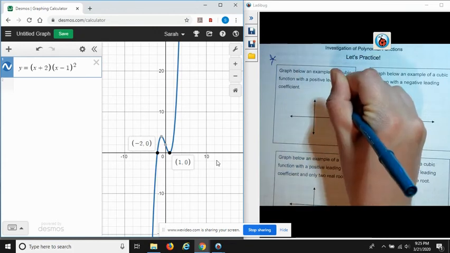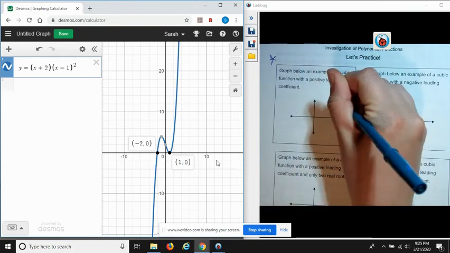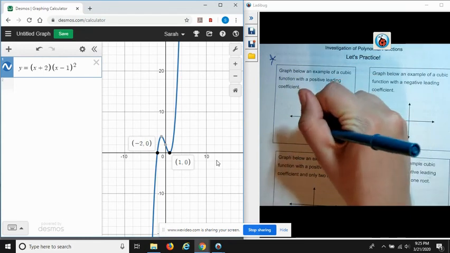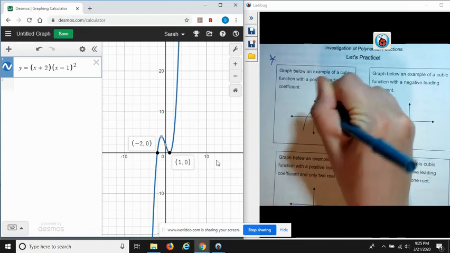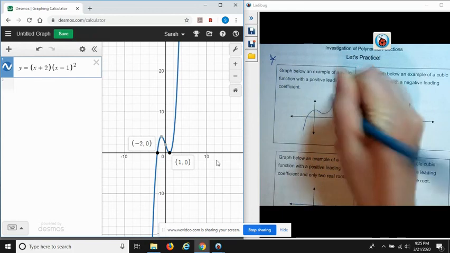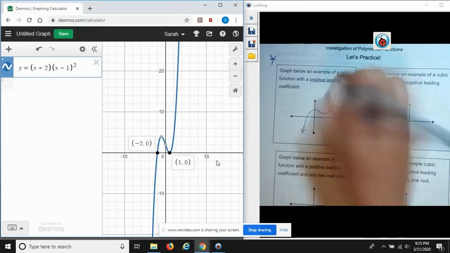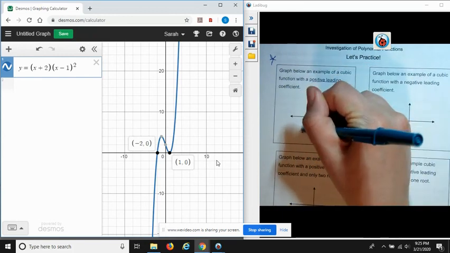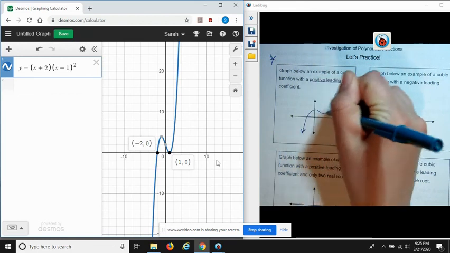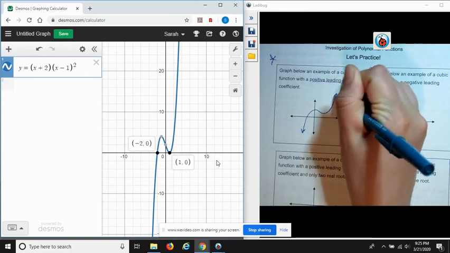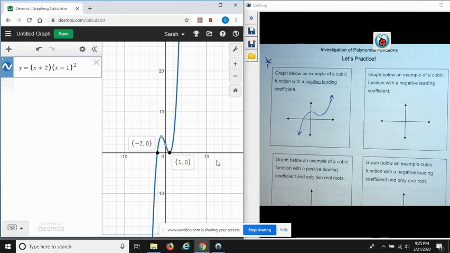Okay, as we move from left to right, we're going up. And so a cubic function is going to look something like this. With a positive leading coefficient, it's going to start going down on the left and then end up going up on the right. Okay, so I kind of gave you some answers there. But that's an example of what you're going to do. It doesn't have to be a specific function. I just made that one up.